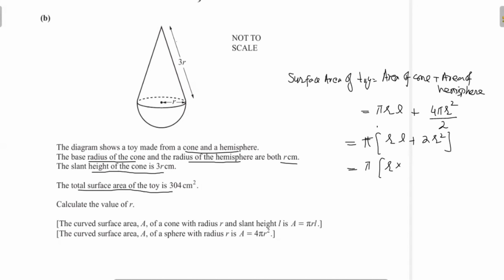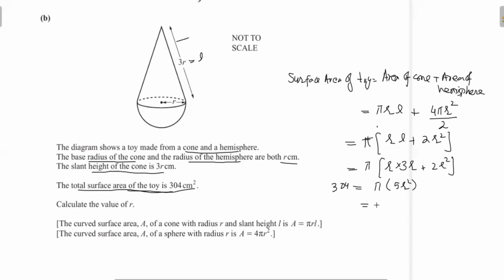The length you see here is the slant length, that is 3r, plus 2r square, and that value will be equal to pi into 3r square plus 2r square, that's equal to 5r square, and this will be equal to 304. The value of surface area given is 304.